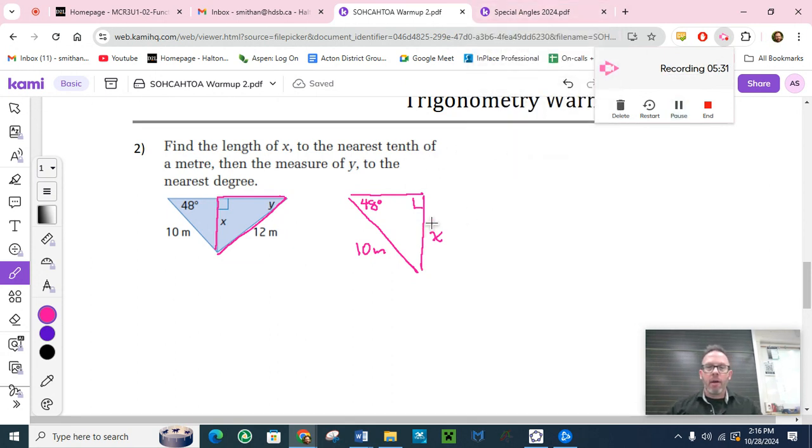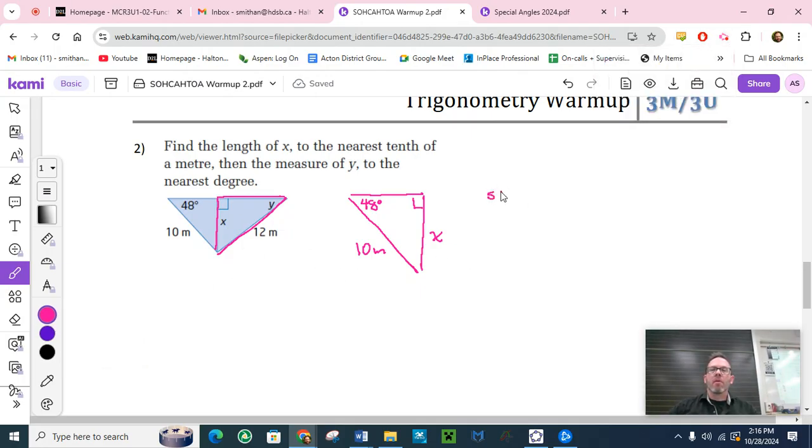All right, here I come. What are we using for this one? Sine ratio, right? I'll add a few more things on here. Opposite, hypotenuse, so we're using sine 48 equals x over 10.